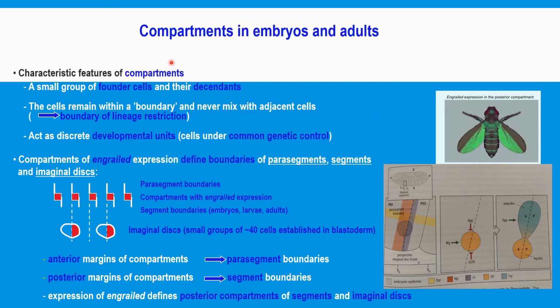This brings us to other areas in the animal that are also patterned during the embryo, and that is the tissues that will give rise to the adult, right? I mentioned these before.